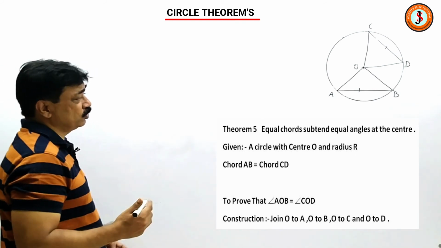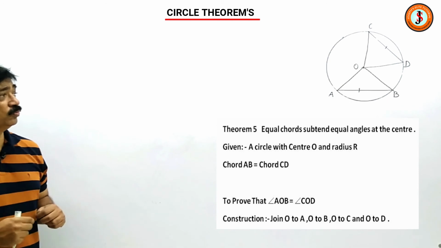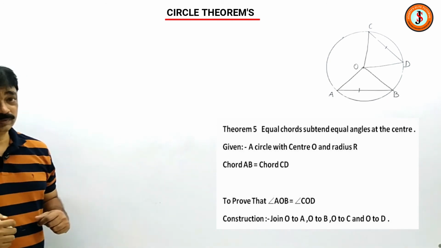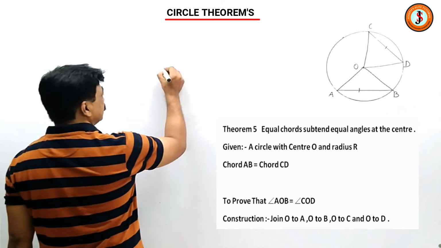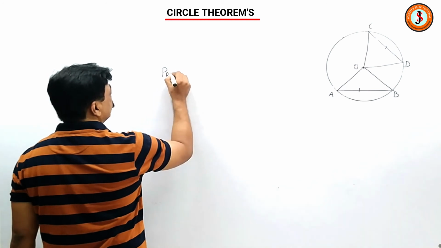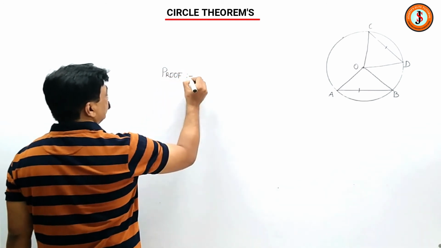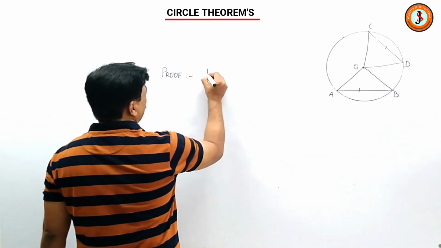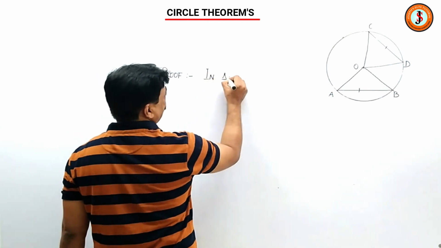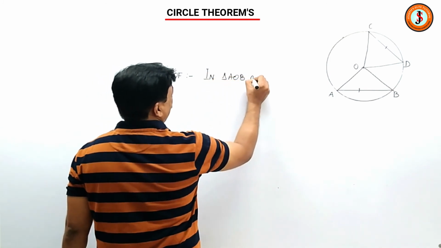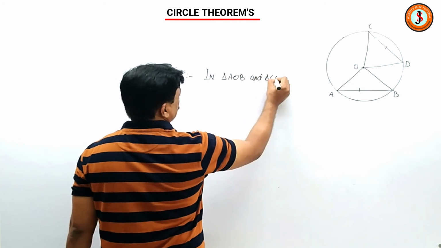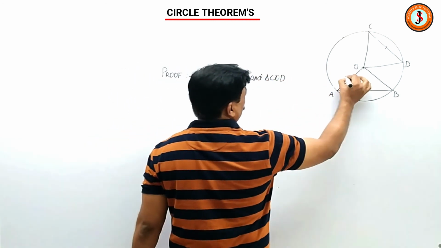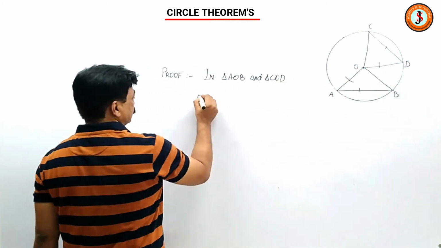So we join A to O, B to O, C to O and D to O. Now the proof is the simplest, this is the simplest congruency proof. In triangle AOB and triangle COD, see what will happen. OA is equal to OD.